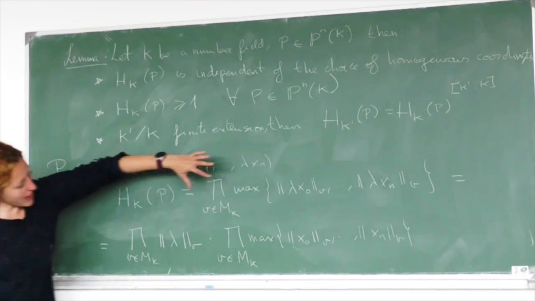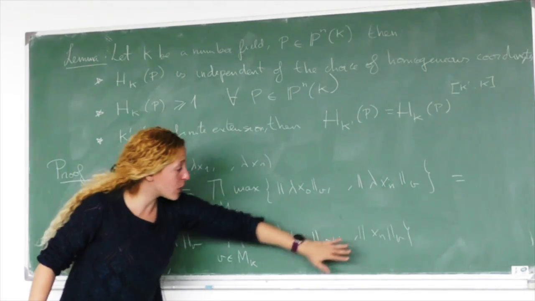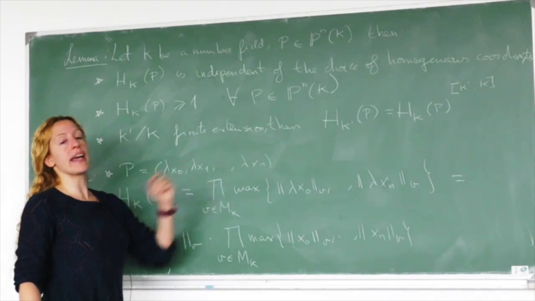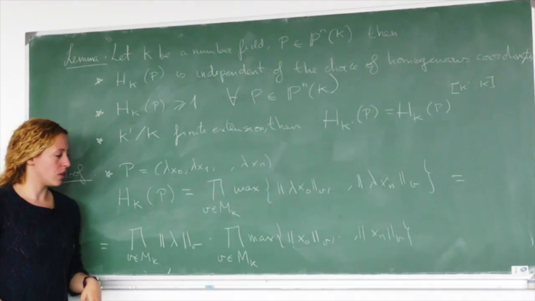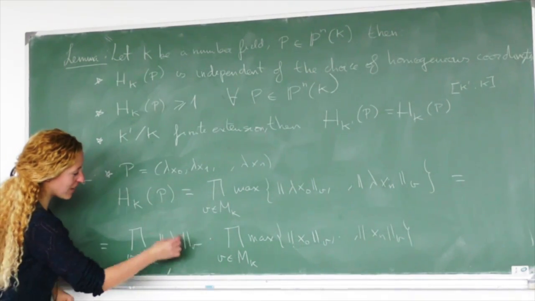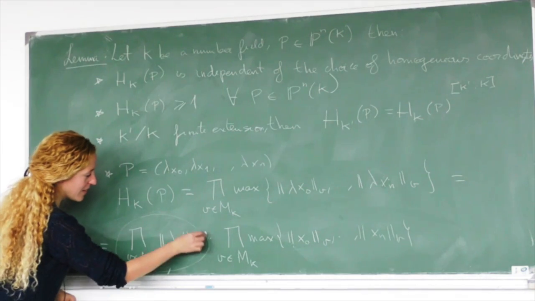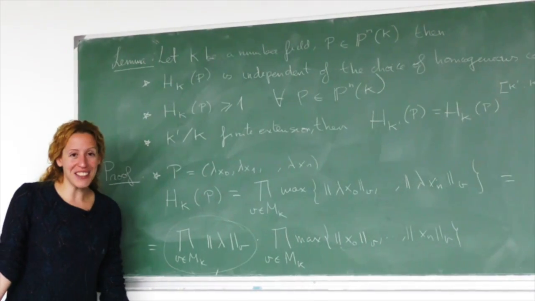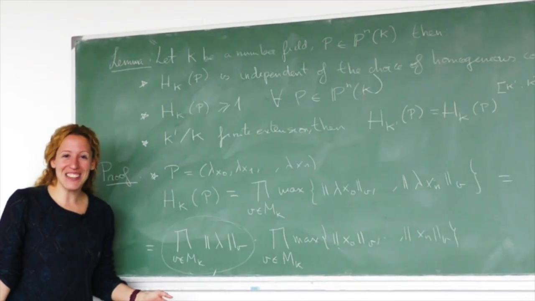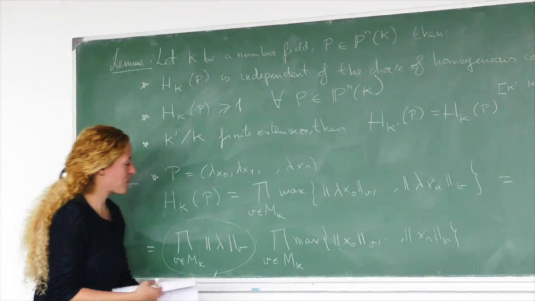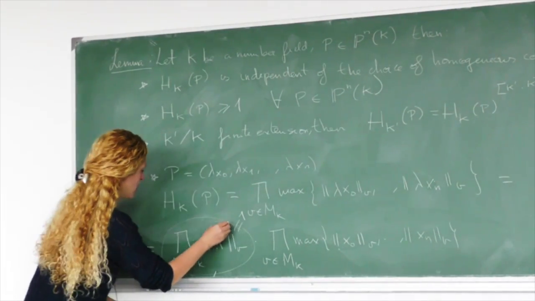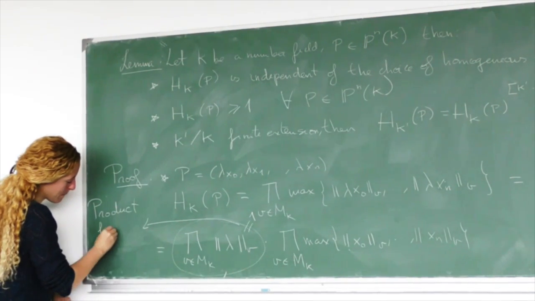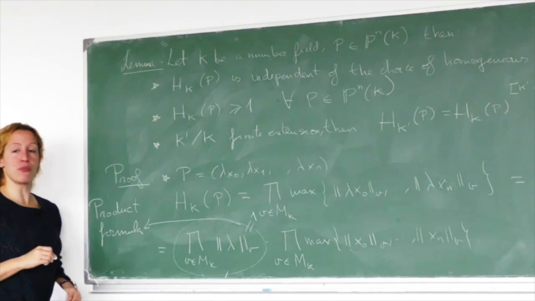Okay, now the term that I have here is the definition for the height of P when I take the coordinates x0, x1, to xn, without the lambda, without the multiple. But what is the thing that I have here? This is just the product formula that we saw during the last lecture. So this is equal to 1 because of the product formula that we saw in the previous lecture.